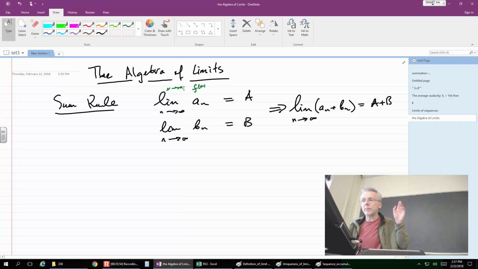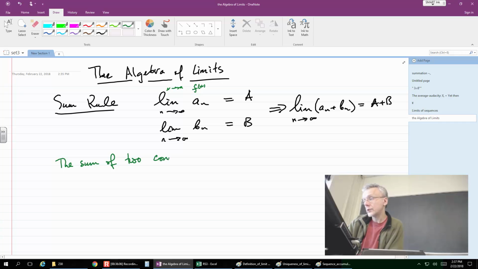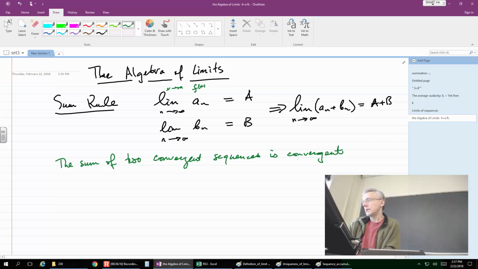So this is the abbreviated version of the sum rule. The full version would state something like: the sum of two convergent sequences is convergent. So that's the setup part, and then the punchline is the actual limit.